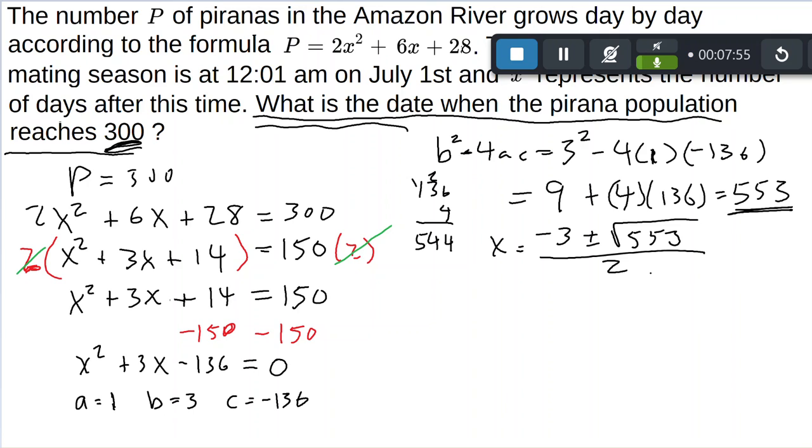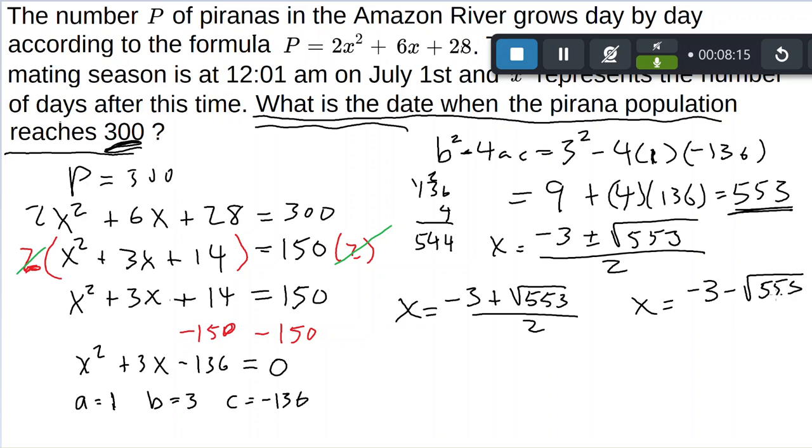All right, so we have two answers here. We have x equals minus 3 plus the square root of 553 over 2, and then x equals minus 3 minus the square root of 553 over 2.